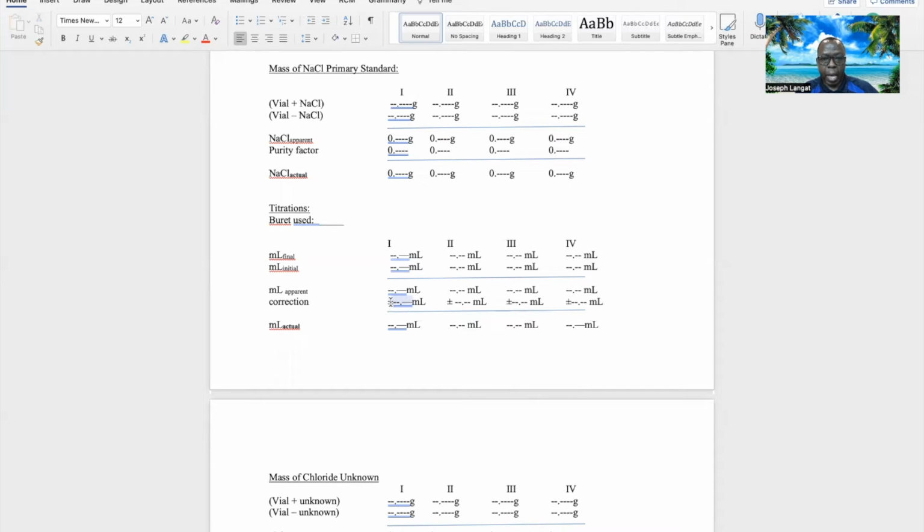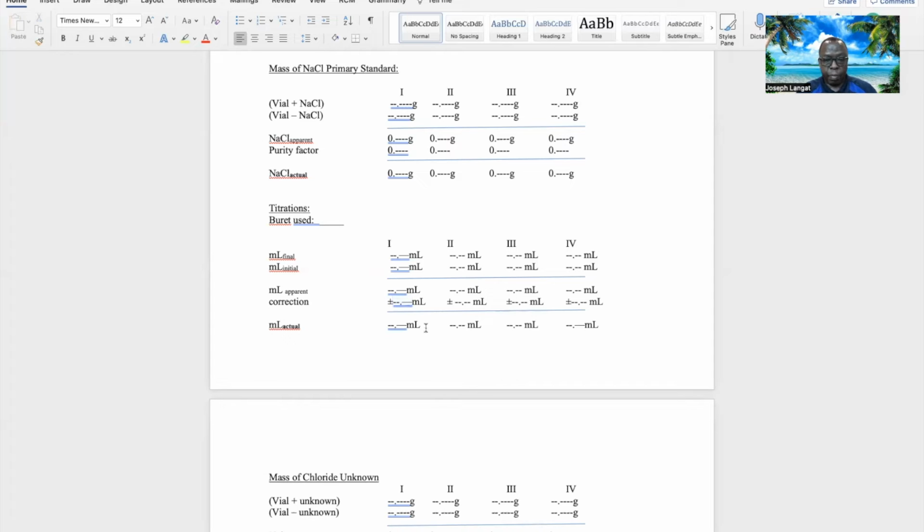So you have to apply the correct sign from the calibration curve, for trial 1, trial 2, trial 3. Apparent is when you subtract. You use the calibration curve to get the actual, when you apply the volume correction. So it's important to take into account the volume error from your calibration curve.